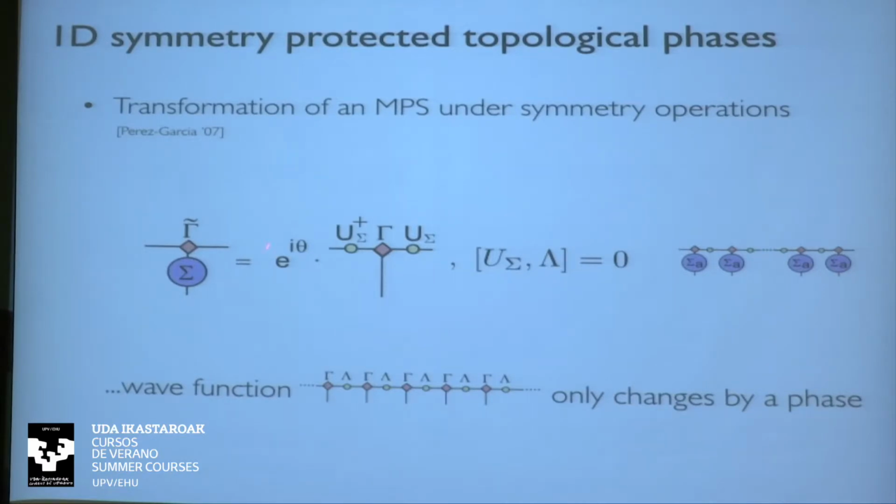In particular, if we take one matrix from our matrix product state, we act on it with a symmetry. This can be the spin rotation. We act on every physical index, right? So the operation goes as that we take our state and transform it by acting on every site with this symmetry operation. Then it transforms this way.